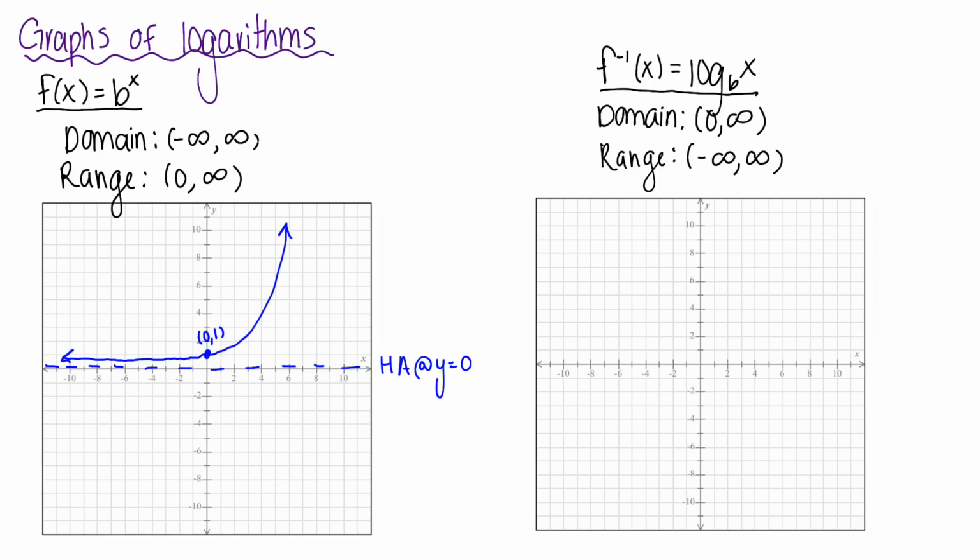So this is an exponential. Logarithms, on the other hand, instead of having a horizontal asymptote, have a vertical asymptote at x = 0. Instead of having a y-intercept of 1, they have an x-intercept of 1. So their graph ends up looking a little like this.